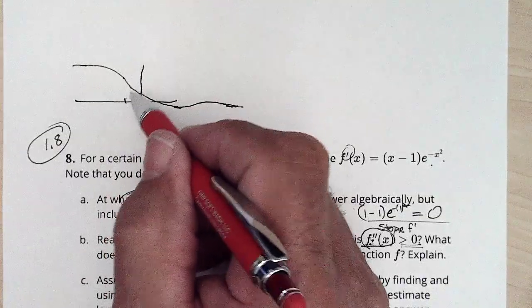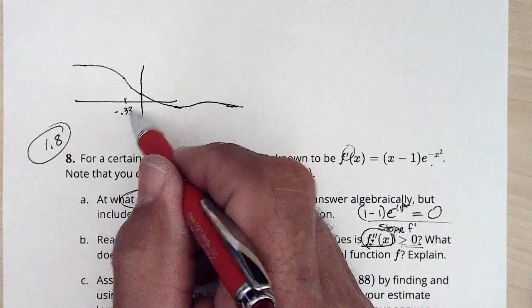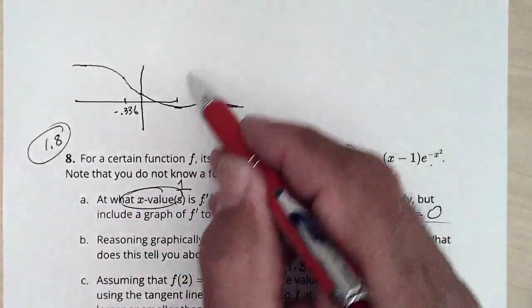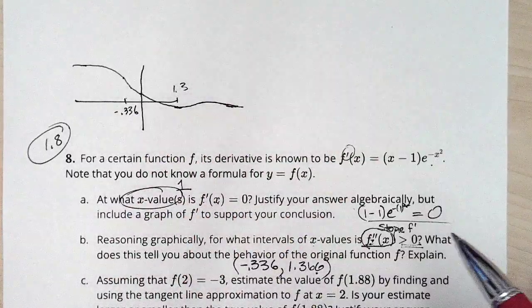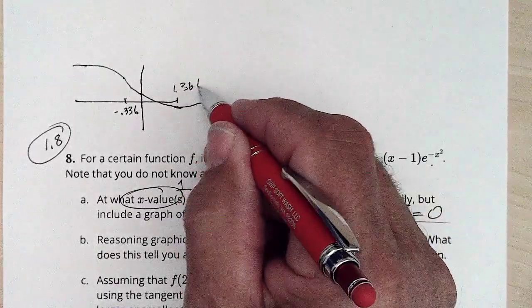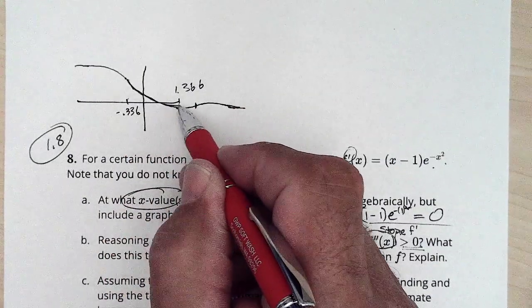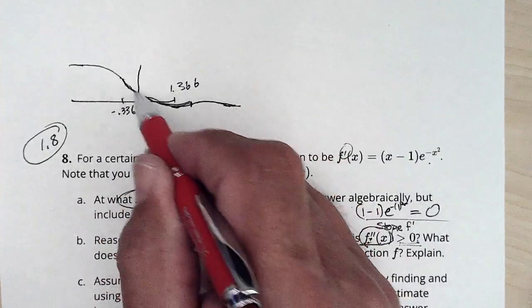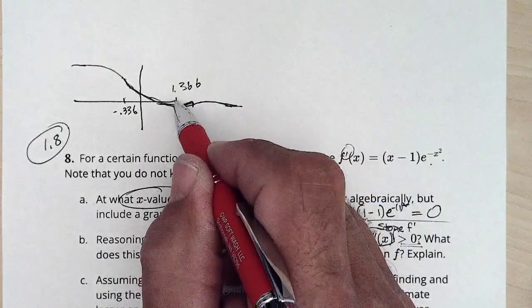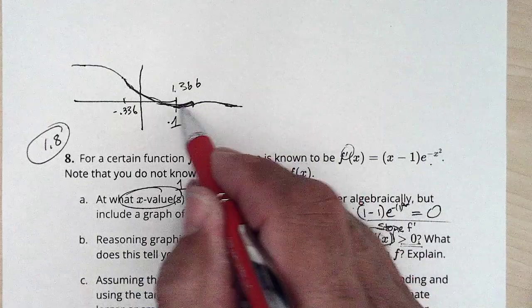And so from negative 0.336 to 1.366, this graph is curved up, concave up. This place is 1, and this is where it's curved up.